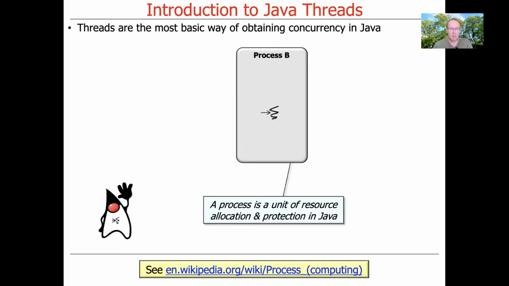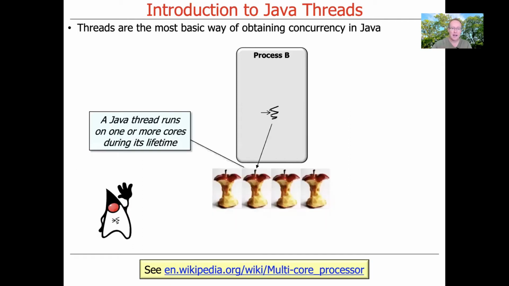And it's also the unit of protection in the sense that two processes can't directly share anything, like memory, for example, without doing some additional stuff. And so you can't accidentally access the contents of something in another process. And that's very important because that's a way we isolate and protect one application or one service from corruption, either intentional or accidental, from another process running on the same machine.